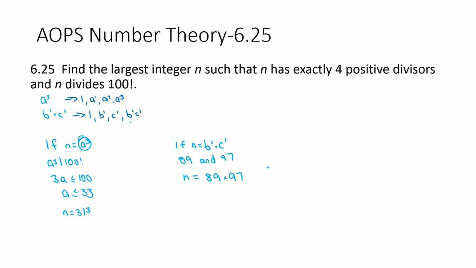So if we compare the two cases, we find the bigger one. 89 times 97 is equal to 8,633, and 31 to the power of 3 is equal to 29,791, and 29,791 is greater than 8,633, so 29,791 is the greatest.